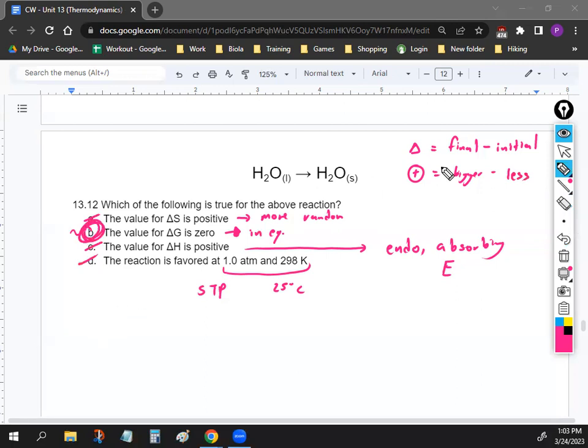B. Delta G is 0. We didn't know because there's no information about the temperature or anything like that. So we've just put a pin on this for now.